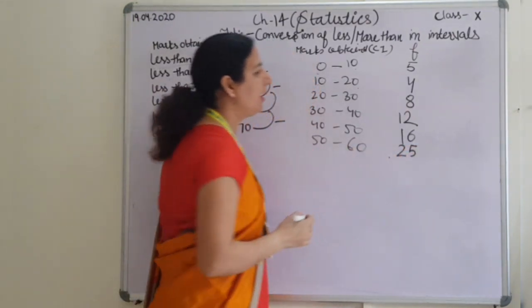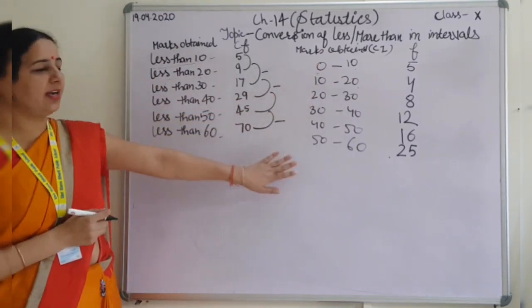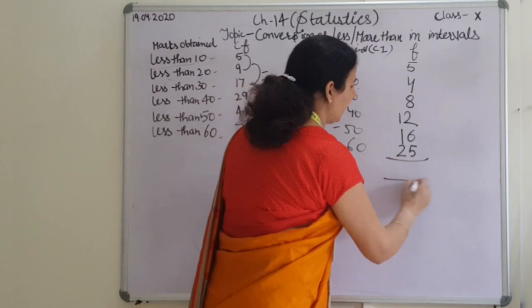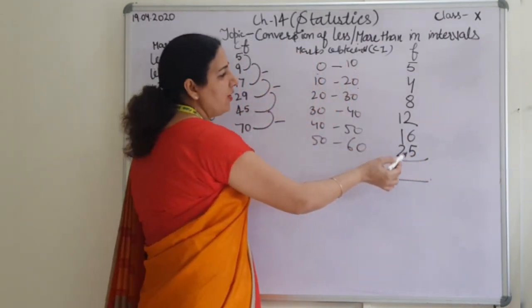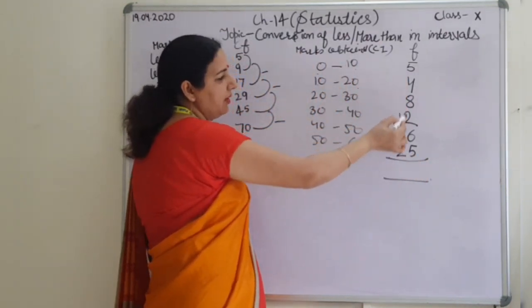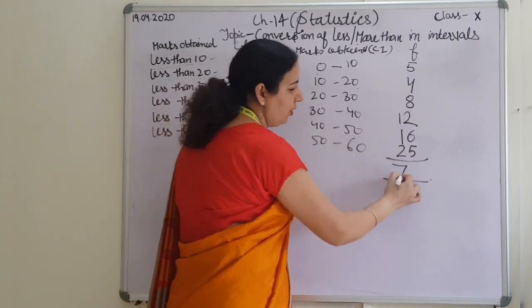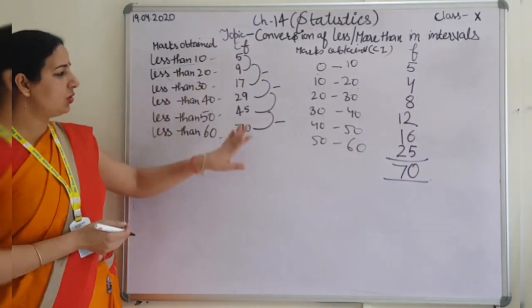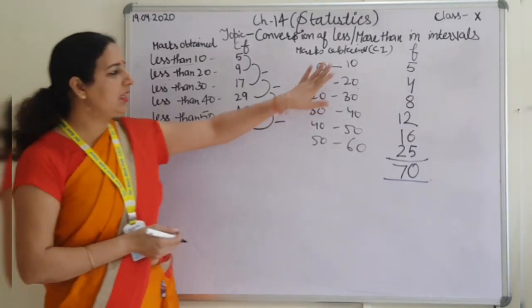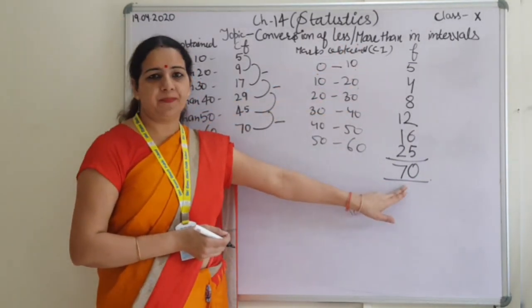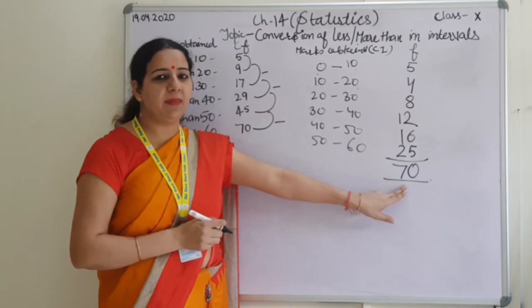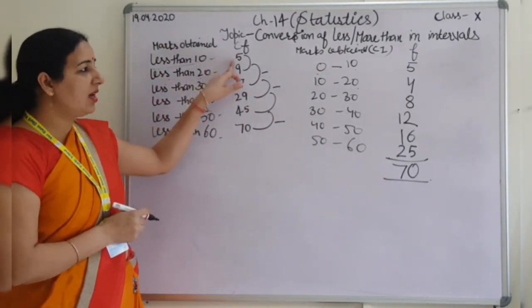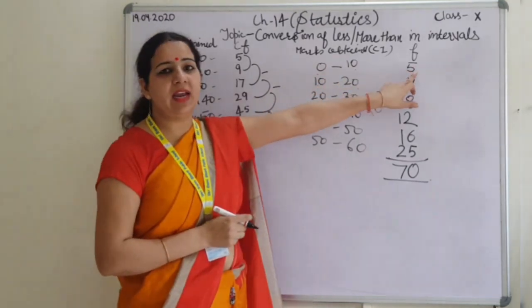So what we have done here is we have subtracted these numbers. When you add all these numbers, the answer will be 70, because the highest of the CF will be the total of the frequency, and the first term in less than will remain the same.